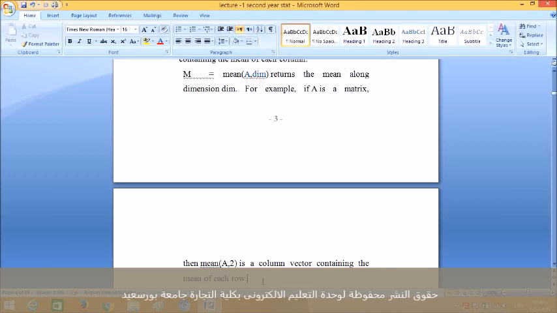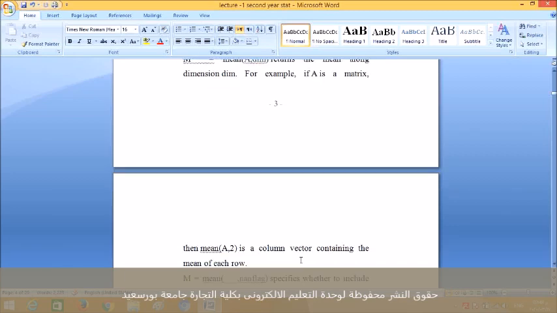Okay, so the result here when using mean of A and 2 is a column vector, right? Okay.